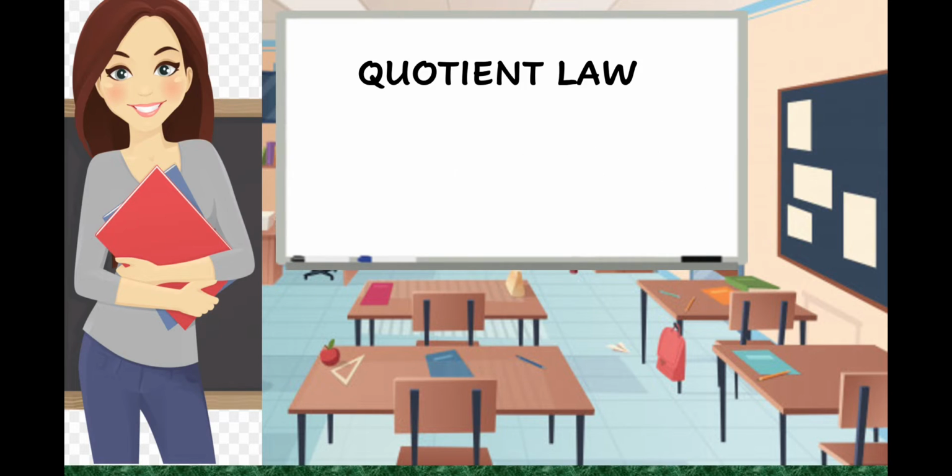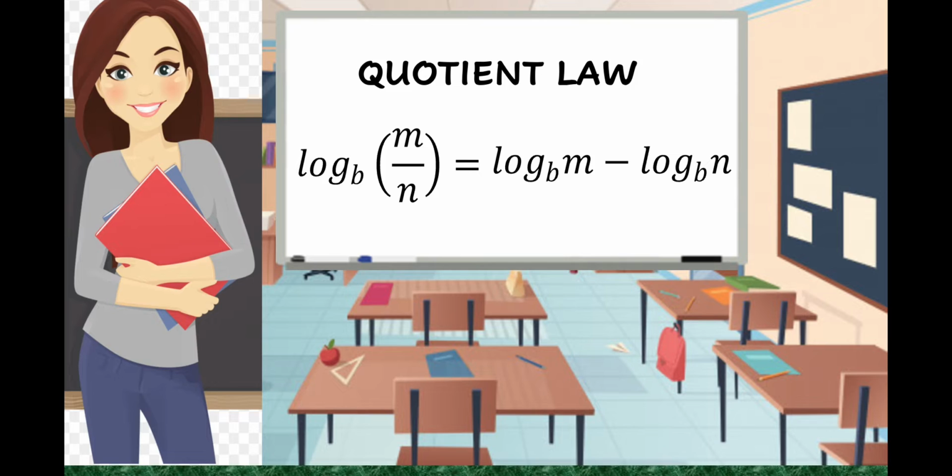So that's the product law. Then we have the quotient law. The logarithm of m over n to the base b means we're going to subtract the two logarithms, that is the logarithm of m to the base b minus the logarithm of n to the base b, the quotient law.